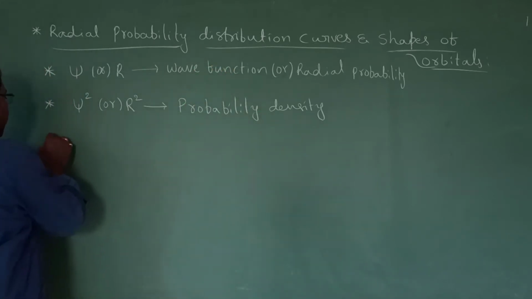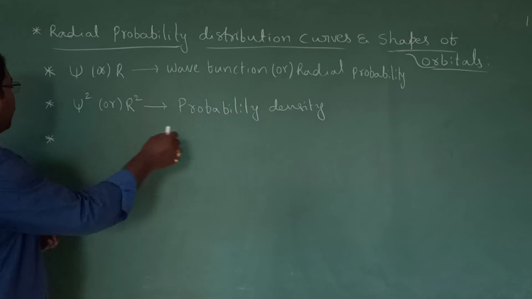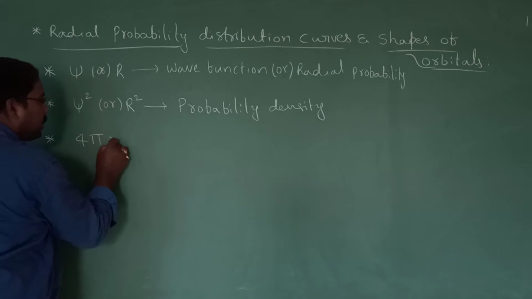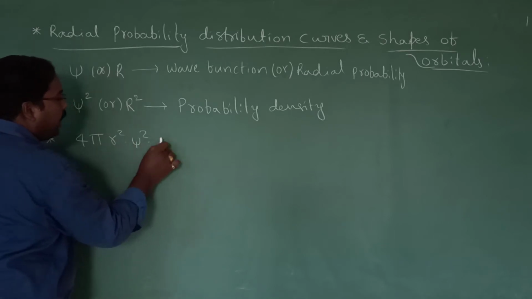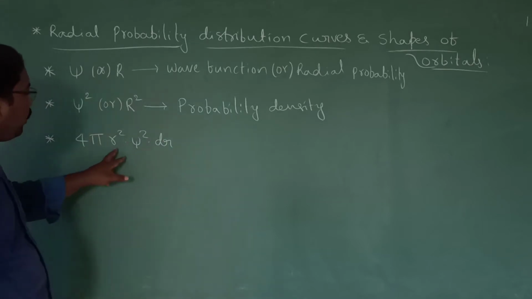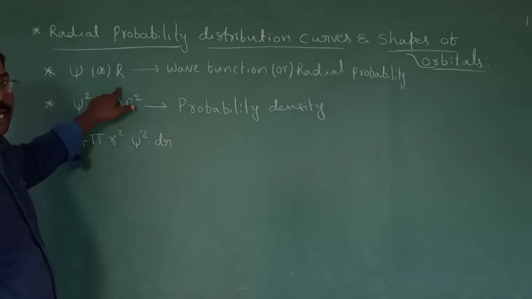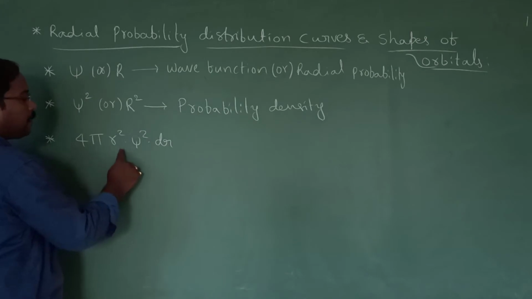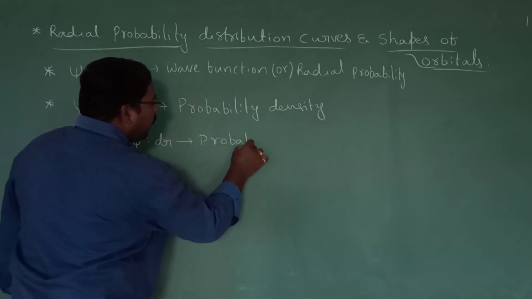Now one more term, which gives a complete idea about the location of the electron in the atom, is 4 pi r square psi square dr, where dr means the derivative of this r. What small r is, we will discuss further. 4 pi is anyway a constant. This is known as the probability function.